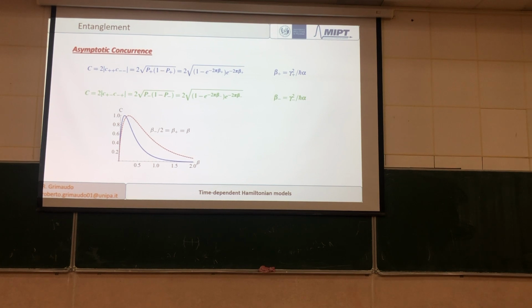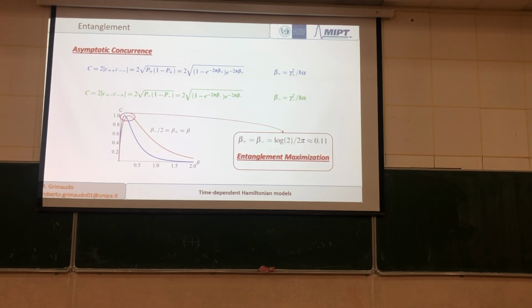We see a very important thing: there exists a value of the parameter beta for which we have the maximum value for our asymptotic concurrence.